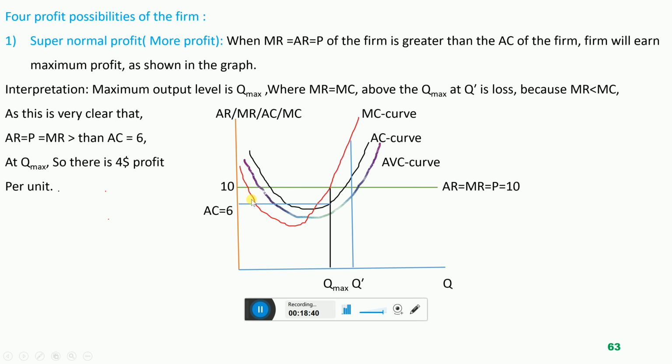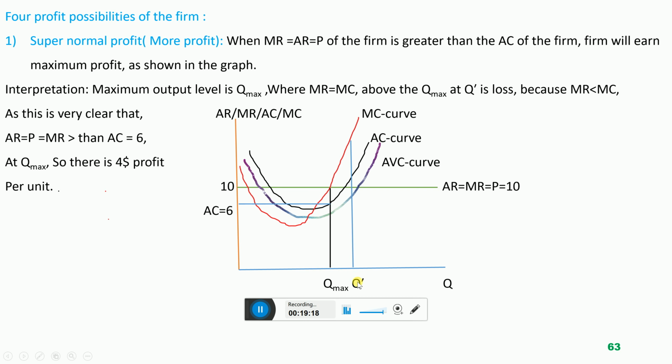So this $4, this blank white area, is the profit of the company, because the per unit cost is $6 and the company is selling the commodity at price 10. So there is $4 profit in 1 unit. In every unit the company earns $4, or 4 Afghani profit, and this profit is represented in this graph by this blank white area.